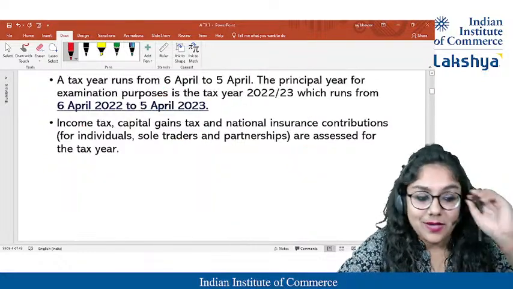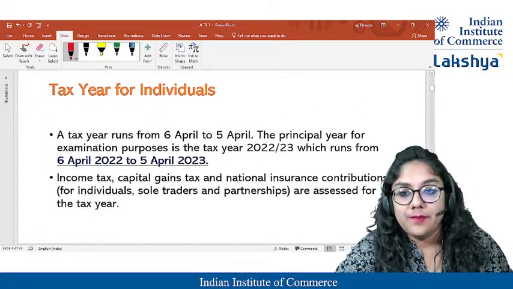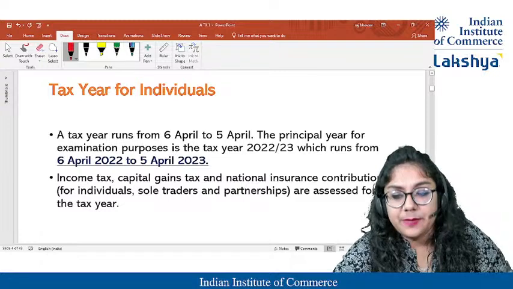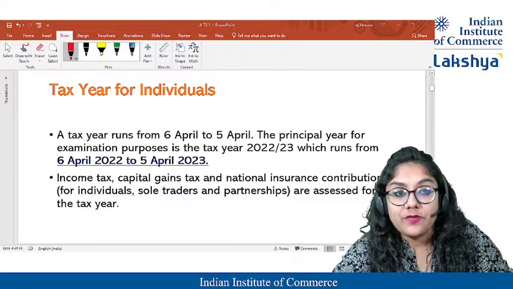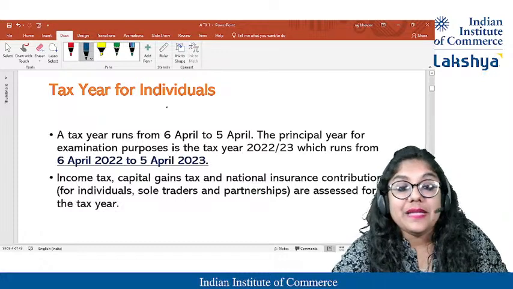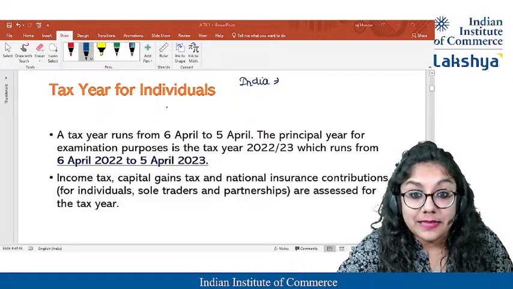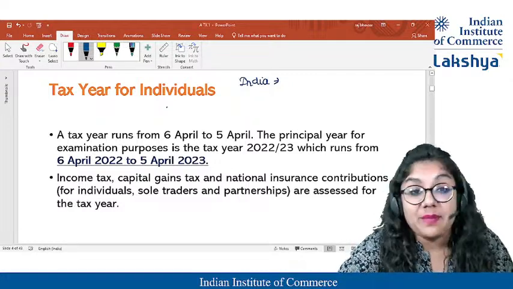Cool. Okay. For example, students, in India, where I do reside, and yeah, I'm a chartered accountant in India, so obviously this is going to be there for me. Okay, in India, we have an accounting period, which is my taxable year, guys. Please keep this in mind.